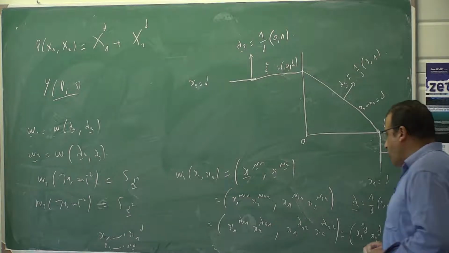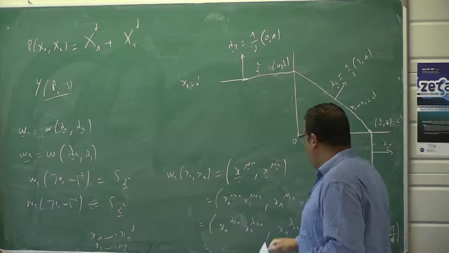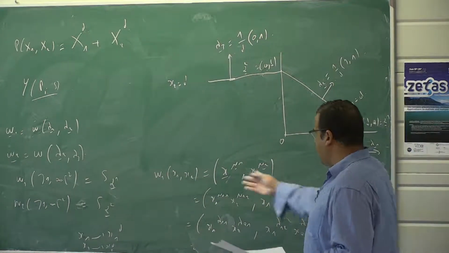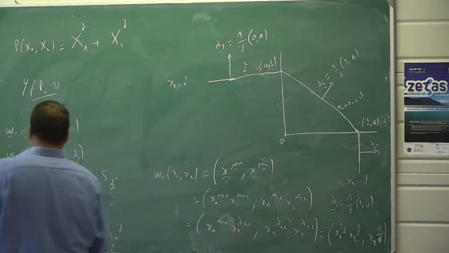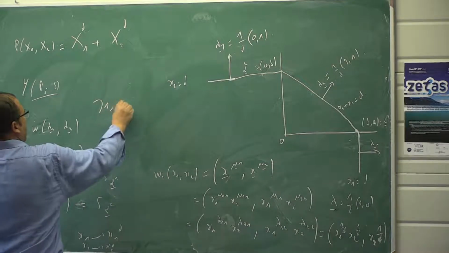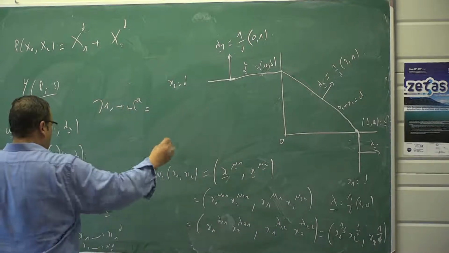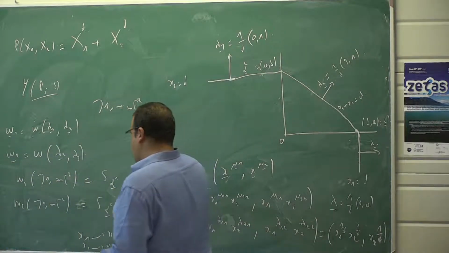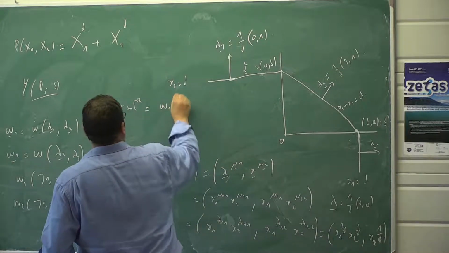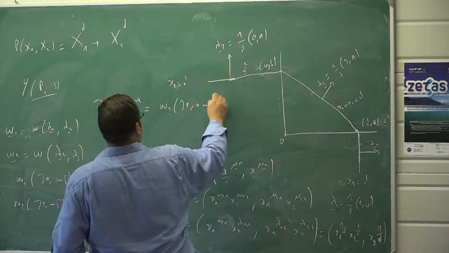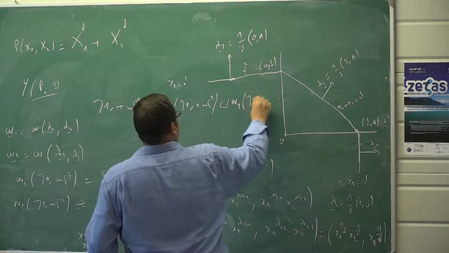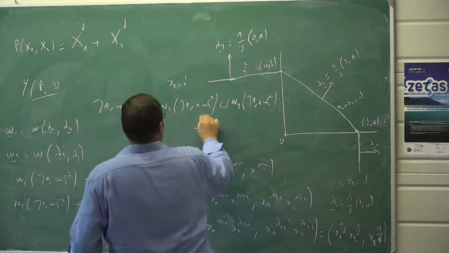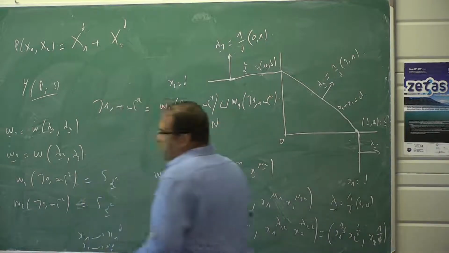And you can compute in the same manner omega 2, and you know that (1, infinity)^2 is equal to the union of these two sets, so it is equal to omega 1 of (1, infinity)^2, union omega 2 of (1, infinity)^2, union some set of measure 0.